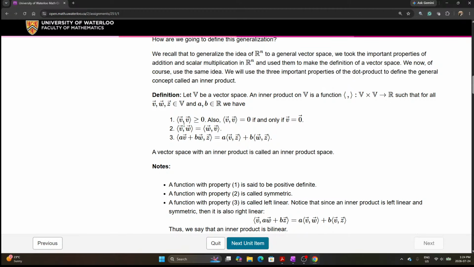This axiomatic definition is powerful when you're dealing with infinite dimensional vector spaces like Hilbert space.